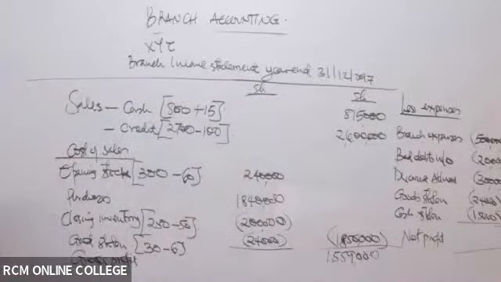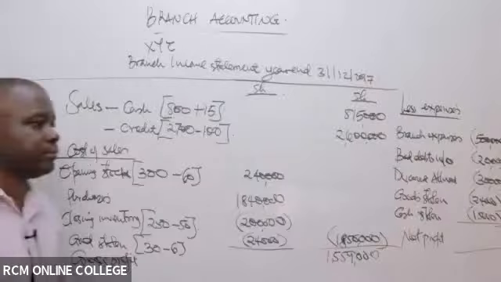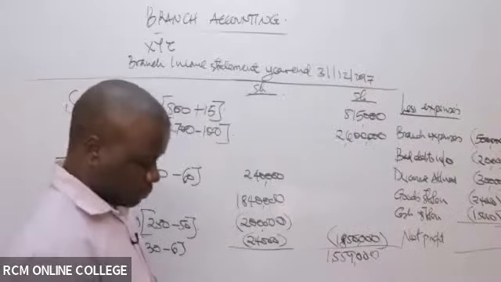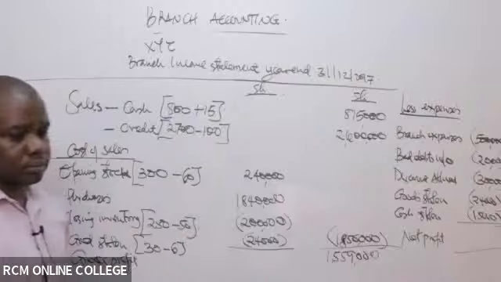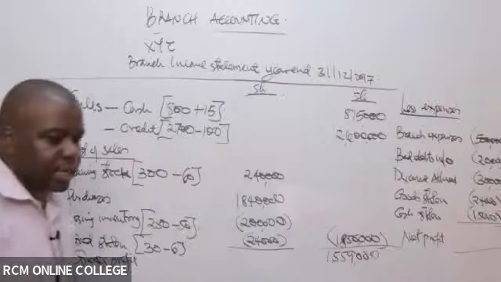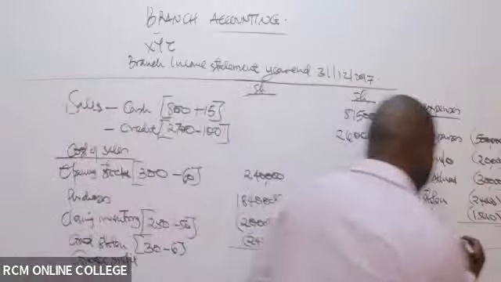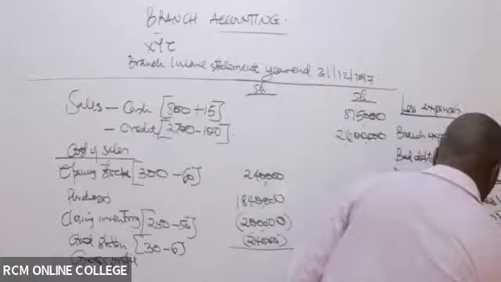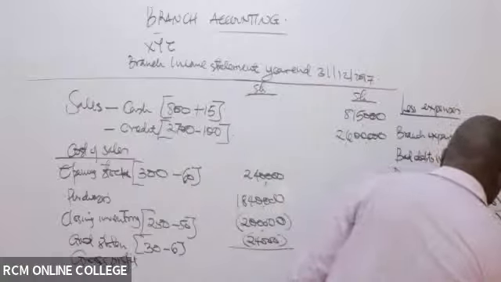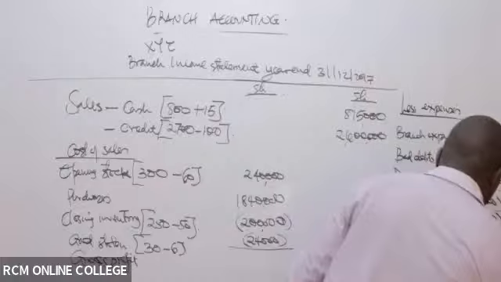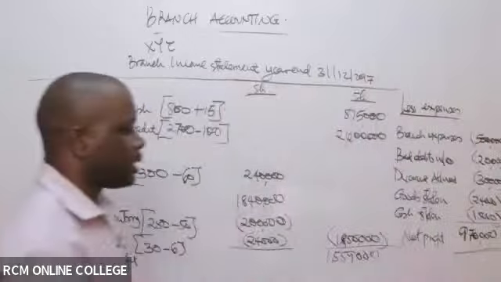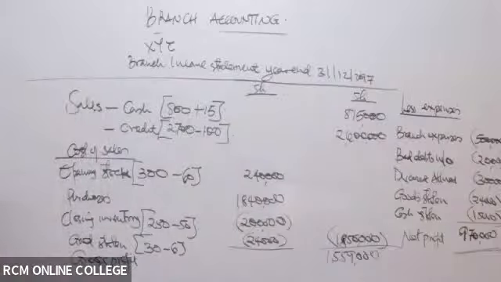What are you having to get? I can see T says 970 thou, 970,000. 970,000 as the branch profit there.